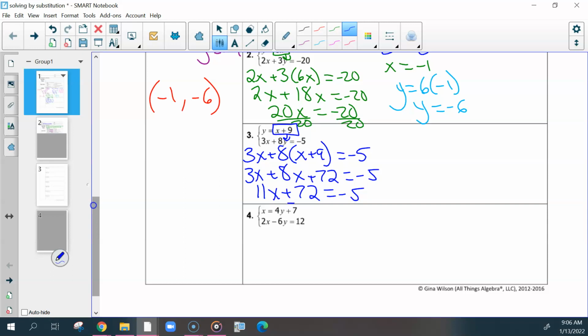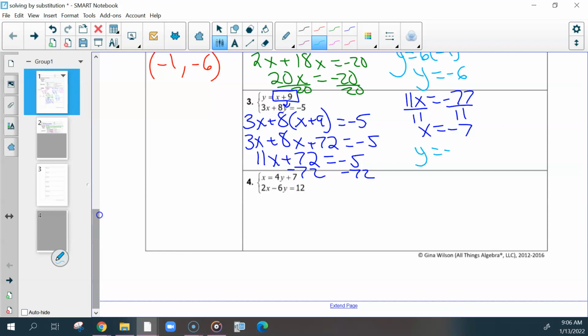Okay, we could subtract 72 on both sides. And then divide both sides by 11. So x equals -7. Once you have that x value, put it back into one of these two equations, doesn't matter which one, but I'm going to use this first one since it's already solved for y.